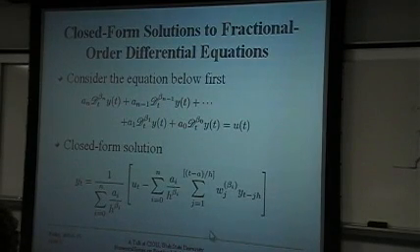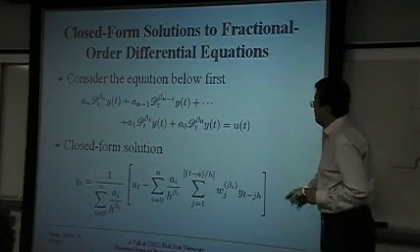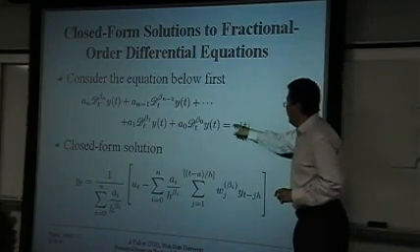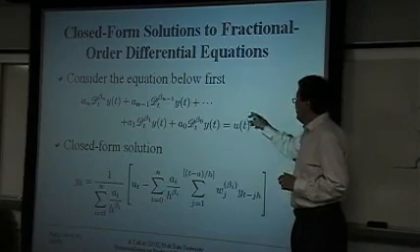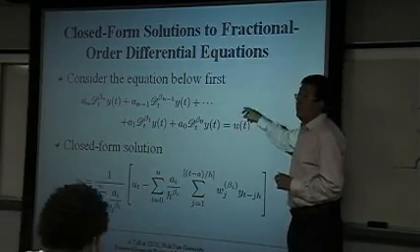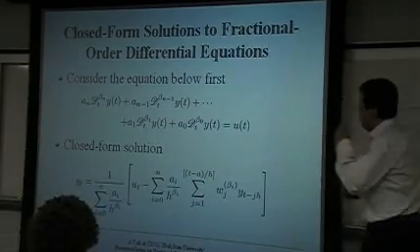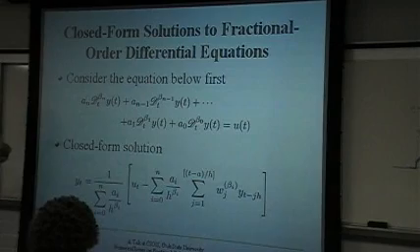Based on the GL definition of fractional order differentiation, I think we can easily find the closed form solution of the differential equation like this, where the right-hand side is given by a signal. It is not necessary to be a step signal. It can be any sequence of signals. So how can we find the result like this?